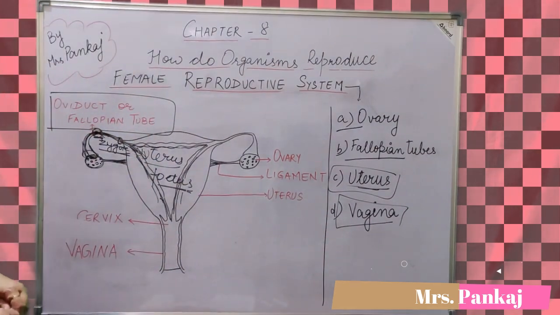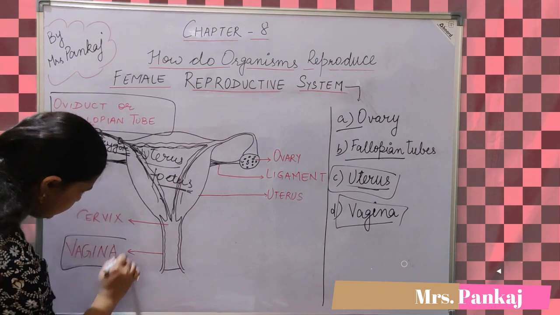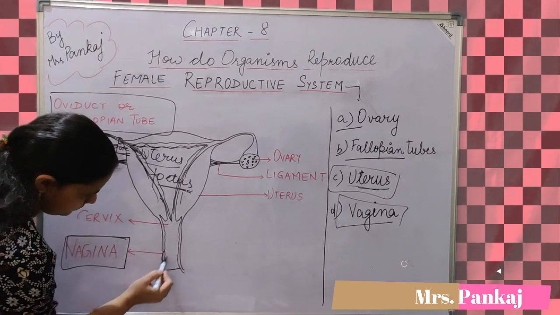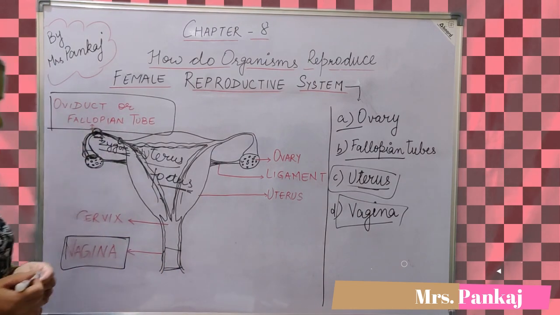What do you mean by vagina? This is also a muscular tube like structure. It is about 7 to 10 centimeter long. See, this is vagina. Fine. This is the structure.